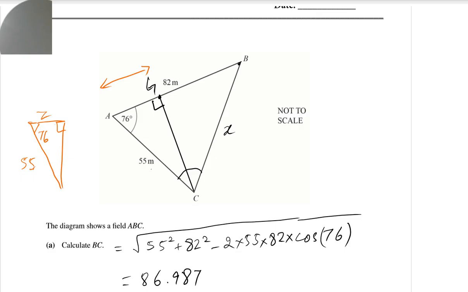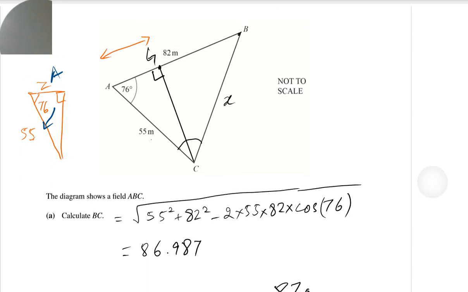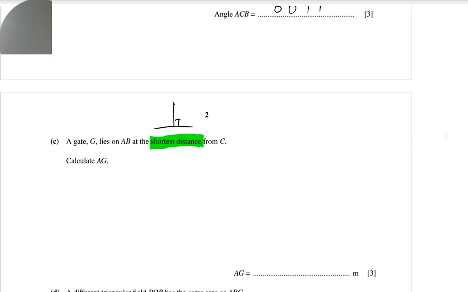So we have the hypotenuse available. According to this angle, this will be your adjacent. So we will use cos. Cos of 76.